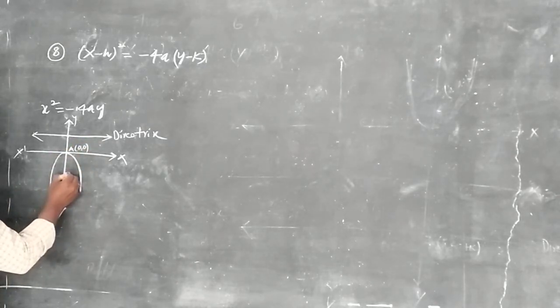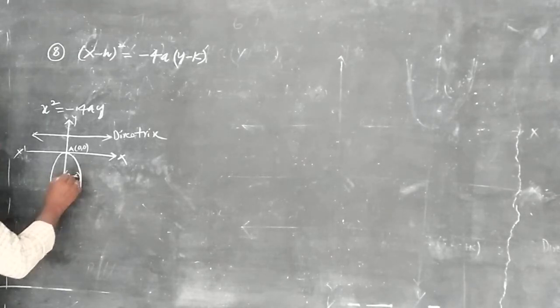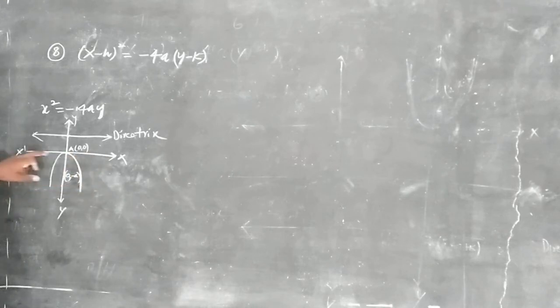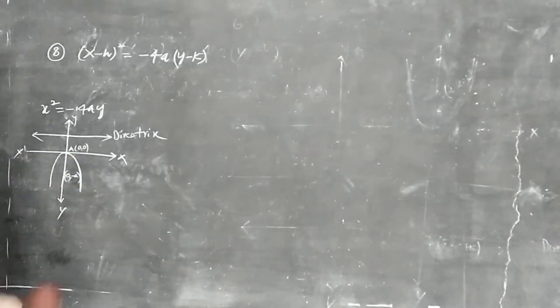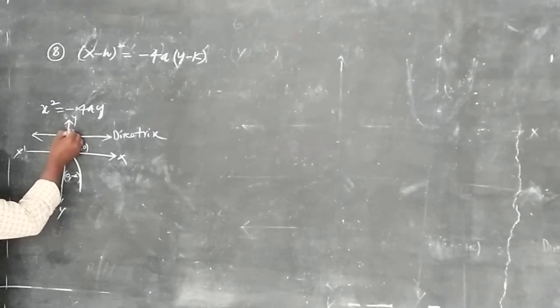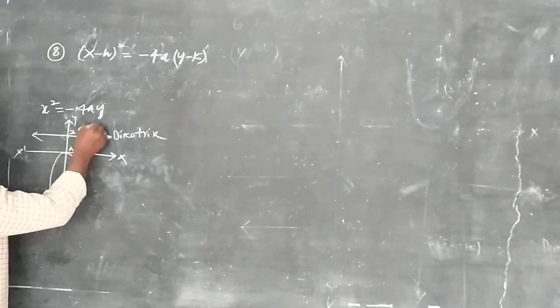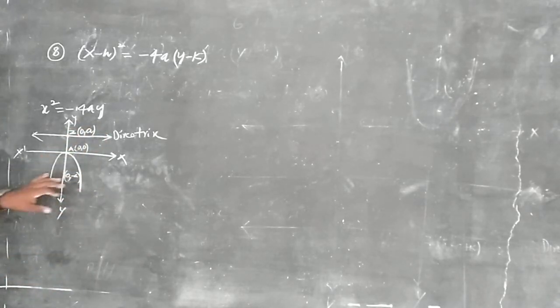Now (0, minus a). Why? Because this is the positive axis, this is negative. (0, minus a). The directrix Z equal to (0, a).